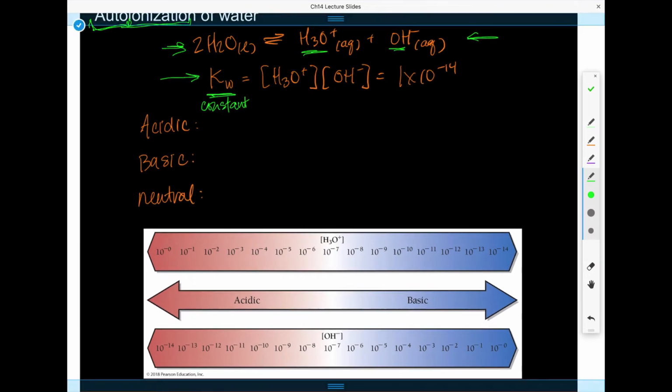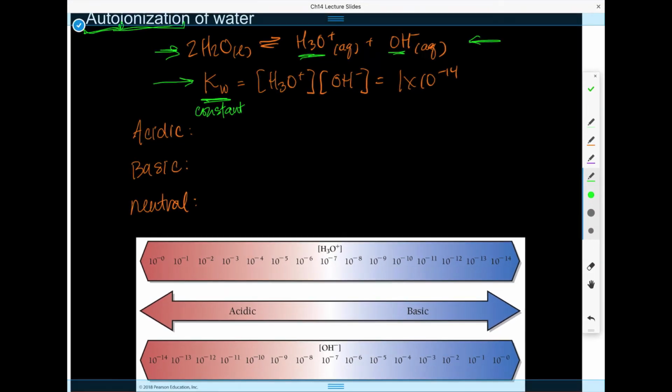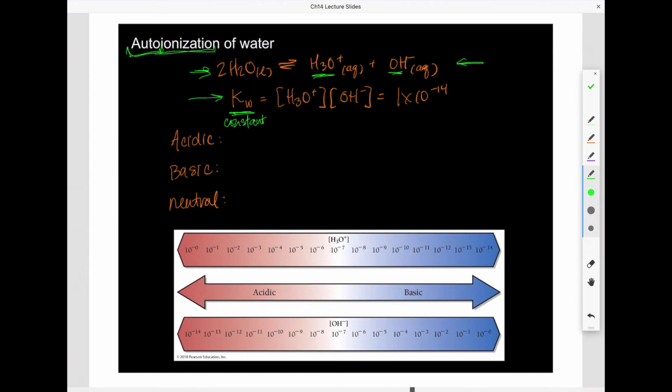It says that, and so this is molarity, right? So these square brackets are molarities, right? So this is the molarity of my H3O plus, and this is the molarity of my hydroxide ion, right? So the molarity of those two multiplied is always going to be 1 times 10 to the negative 14th. Yes? All right.